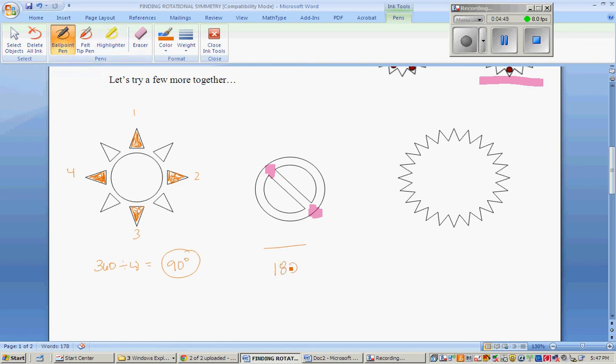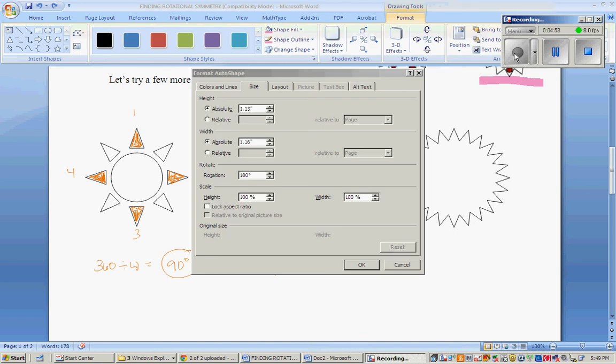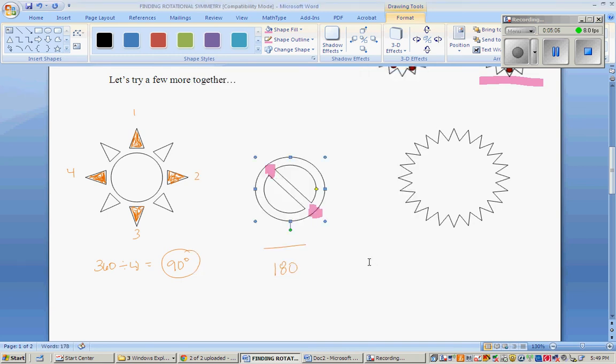In fact, if we select this object and then we ask it to format and to rotate it 180 degrees, we're going to get the exact same thing. I'm going to hit OK. And let's see, it looks exactly the same. And it's because it had two of those similar points.